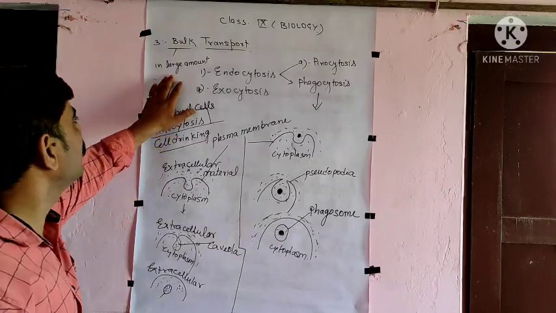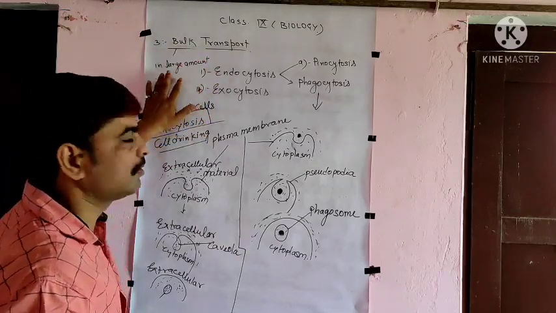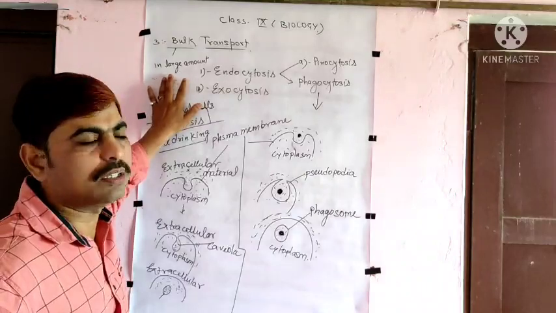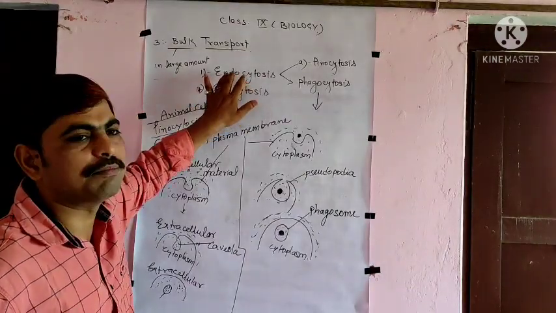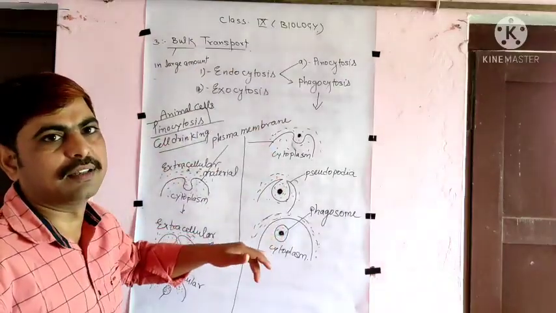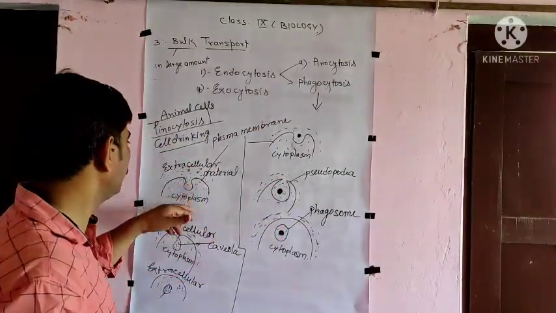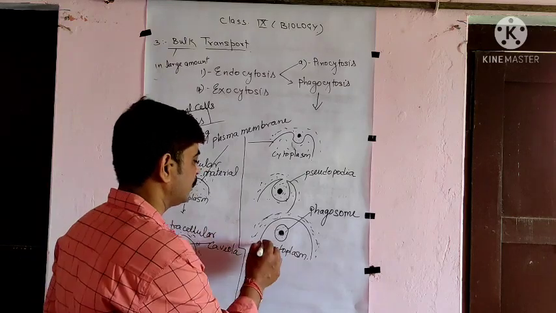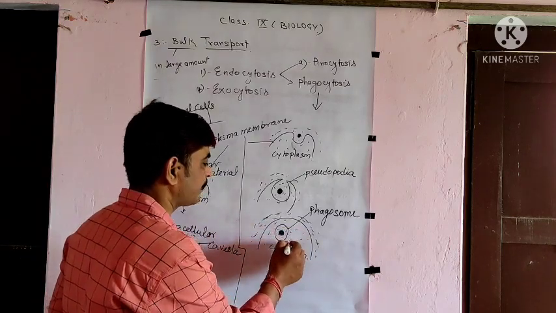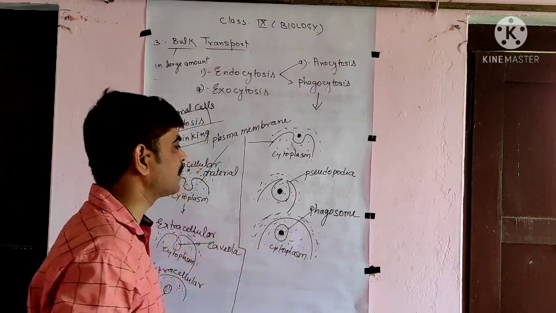This is the bulk transport of material, in which the material is transported in large amount. Endocytosis means movement of material inside the cell, inward movement. So see here, the materials are moved inside the cell. This is the cytoplasm, and this layer is the plasma membrane.